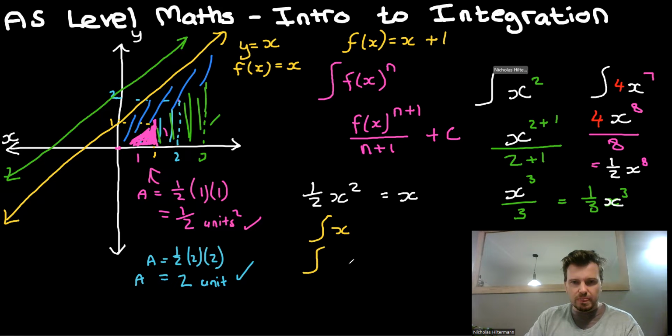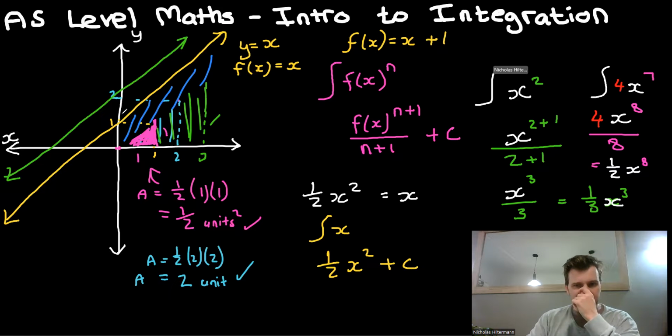We get a half x squared. So that's the integral, but we need to say this plus c. And that is because the function could have intercepted the y-axis at any point. We don't know, because we can have any type of function. So we need a c there, which we'll get to. I think I should probably make some more space here.